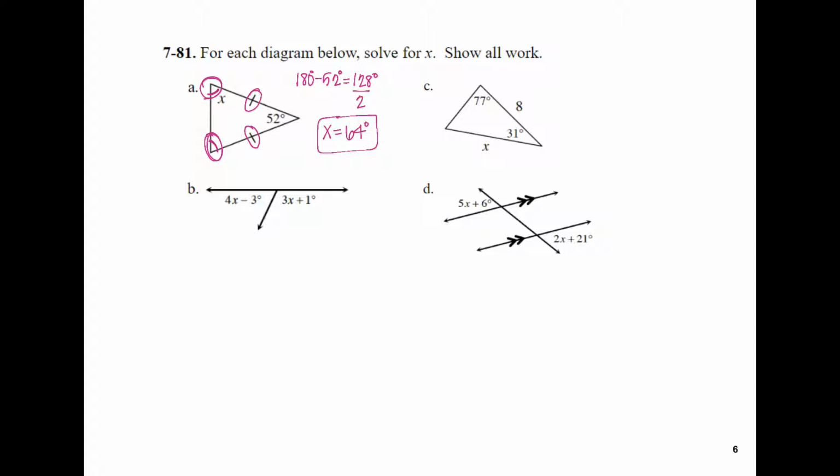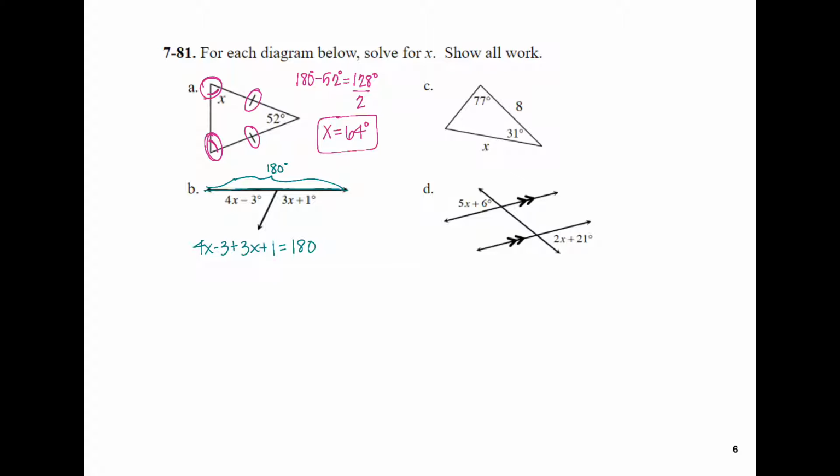Looking at example B, I have a straight line, and I know that a straight line is equal to 180 degrees, so I can take 4x minus 3 plus 3x plus 1, set it equal to 180 degrees.